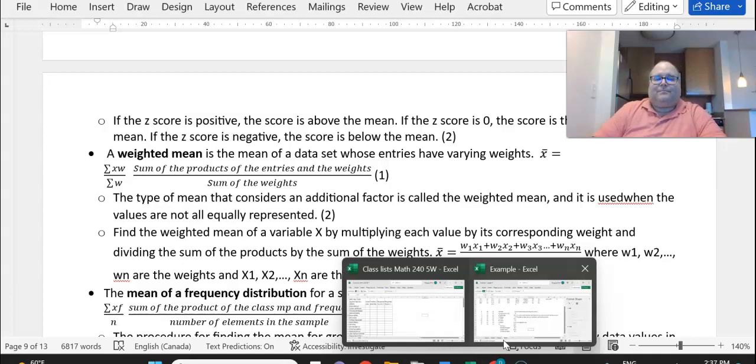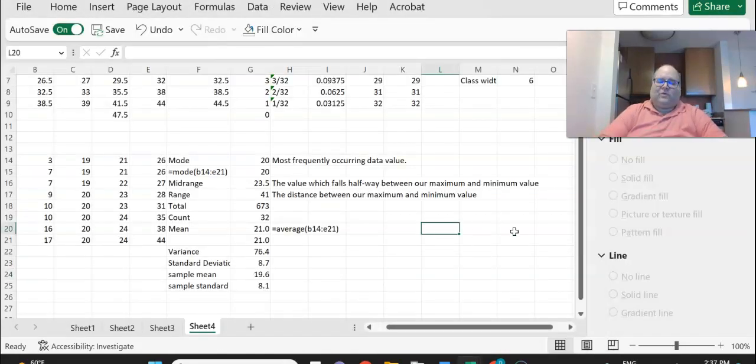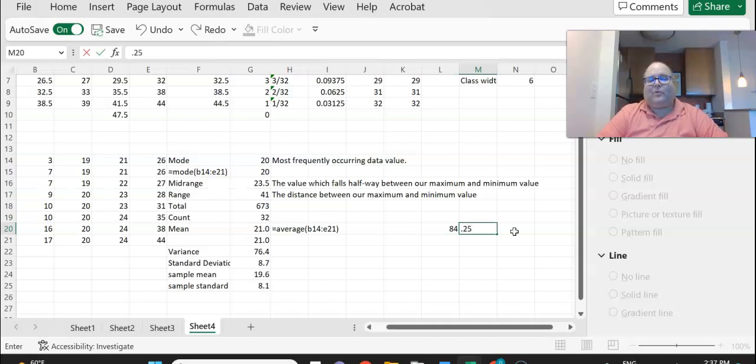So let me try to do that. So we have 84 in a category that is 0.25, a 76 in a category that is 30%, 98 in a category that is 15%, and a 65 in a category that is 30%, and this should add up to 1.